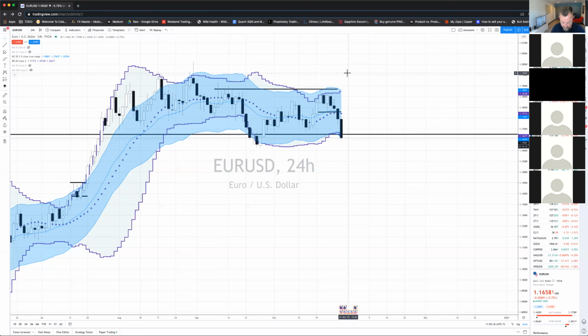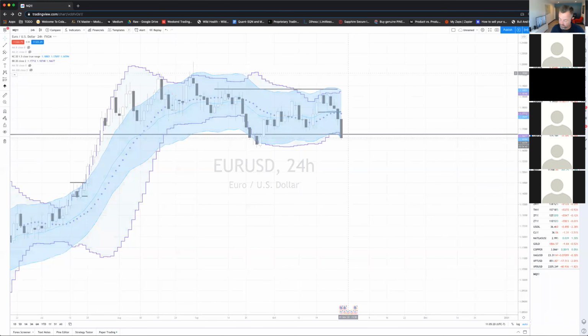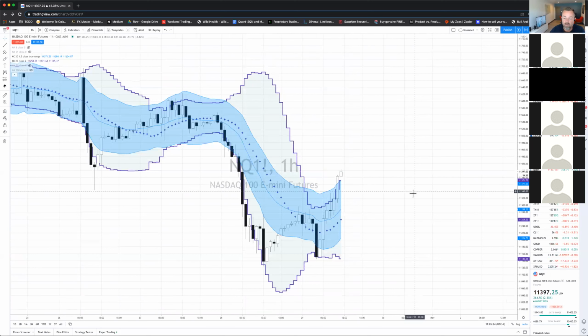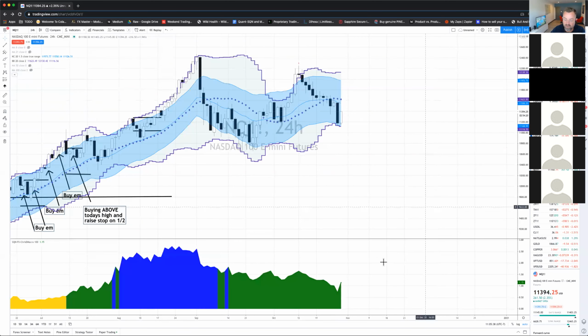Let's get fail vol breakout upside on NQ hourly. Good reversal from the lows yesterday. We know we're potentially in a bull quiet regime on NASDAQ.